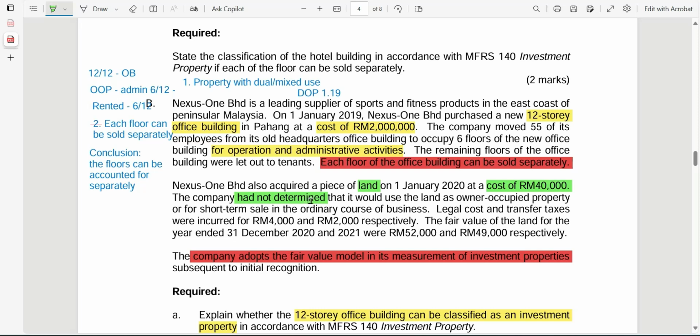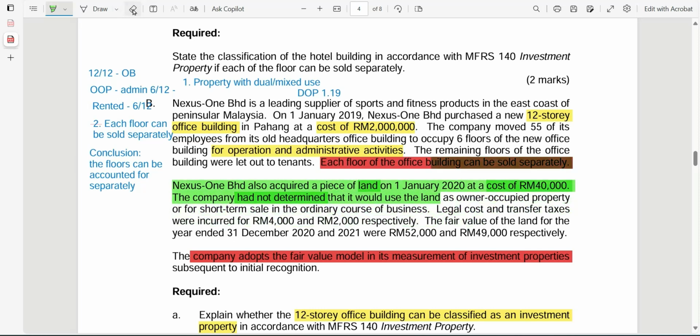So therefore, under MFRS 140, if you have not yet determined the purpose of holding a property, either land or building, it will be classified as IP. So this is an IP. On top of the 40,000 that you have there, you also have some legal costs.